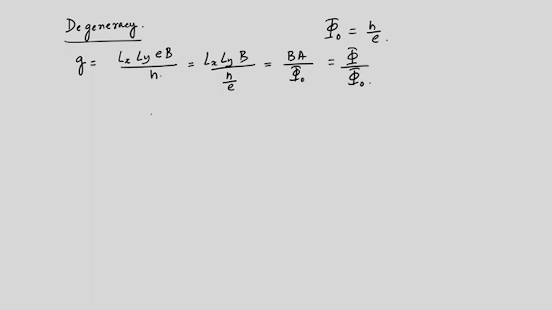Now, there is a very large number of electrons that must be occupying each of those degenerate states, and such a large number of electrons actually makes the problem more difficult, because suppose you want to take into account the interaction between the electrons.